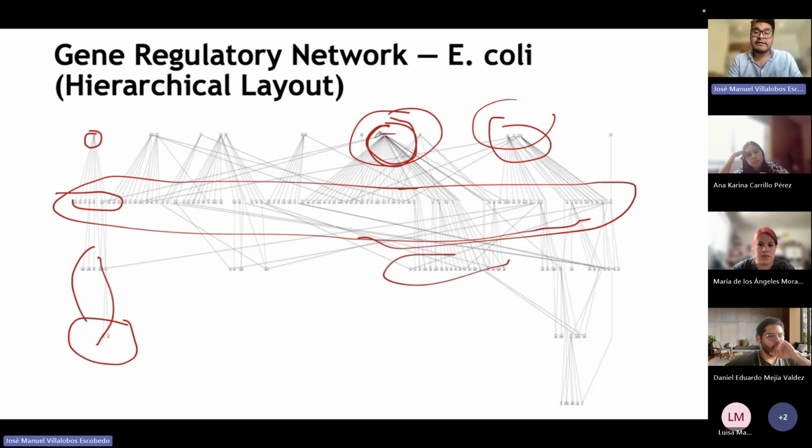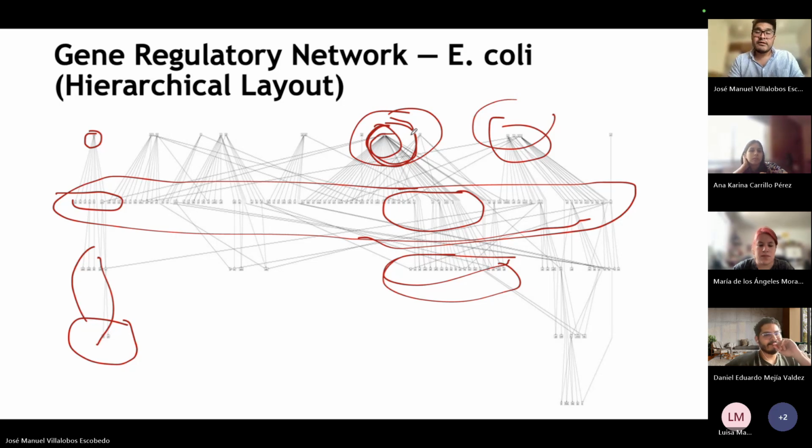For example, this gene is not able to connect with these genes because it needs to be connected with these genes that are important for the flux of the information. So there are many characteristics here. All of these characteristics that we are observing have a name, and all of them are part of the math behind these networks.